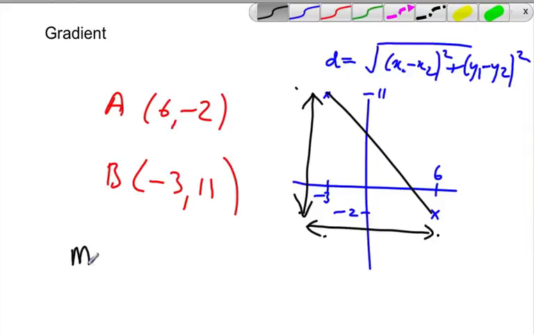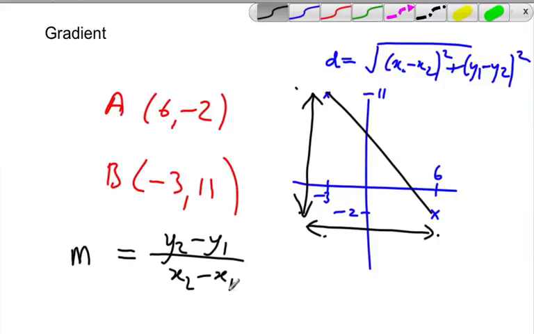It is m. The gradient is the rise, which is y2 minus y1, over x2 minus x1. Or the other way around, y1 minus y2 over x1 minus x2. And we'll very quickly see why it makes no difference. So let's stay with consistency here. y2 minus y1.